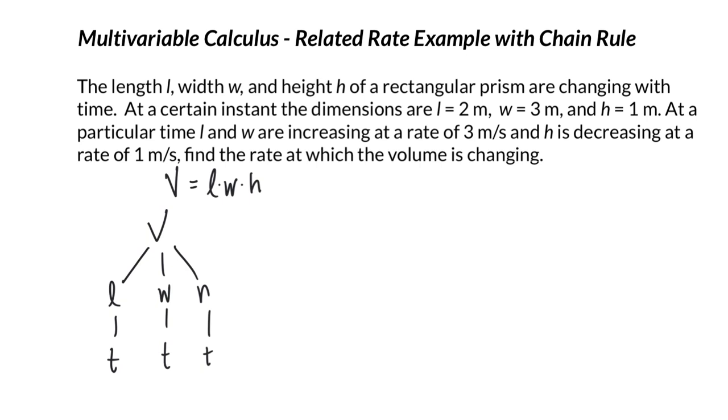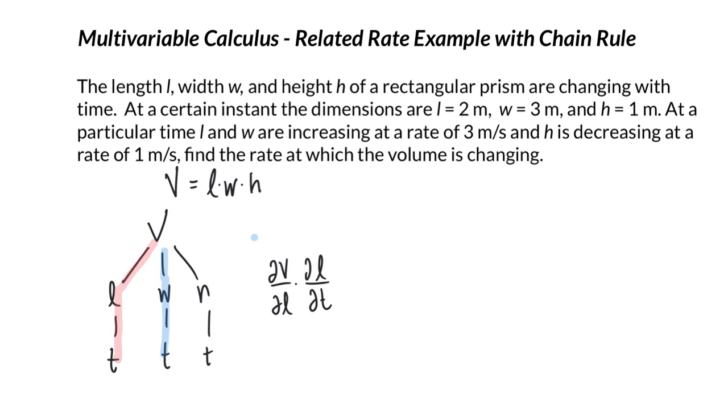So to figure out, using this chain rule idea, how volume is changing with respect to time, we use the idea that volume is being affected by length and then time. So we say dV with respect to L times dL with respect to time. It's also being affected by width.